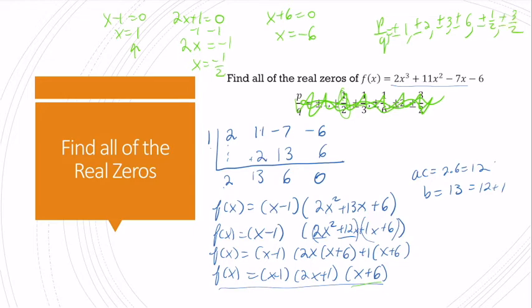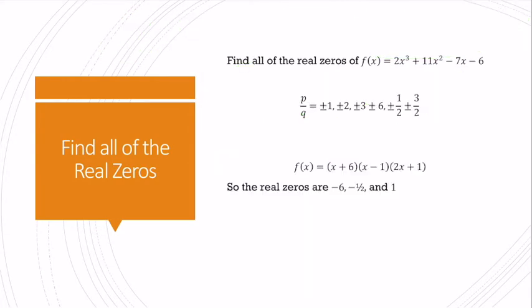And I will fix that in the future PowerPoint that I upload for you guys. But our real zeros that we found were also part of the possible rational zeros that we had found. So here is our answer, and this one has the correct list of possible rational zeros.